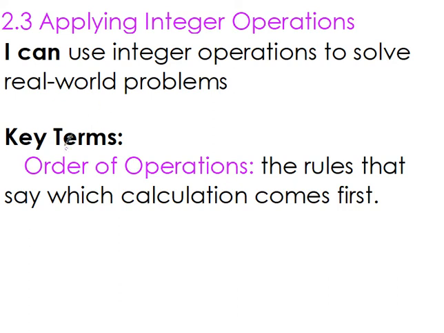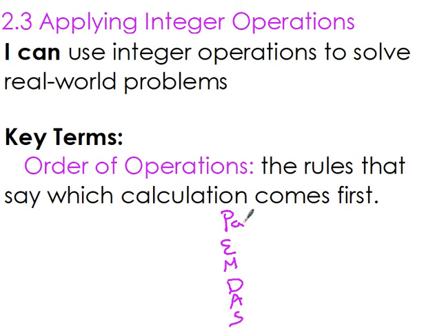So our key term today is order of operations, the rules that say which calculation comes first. Also for order of operations, you might want to write down PEMDAS, because PEMDAS is the acronym we use for order of operations.